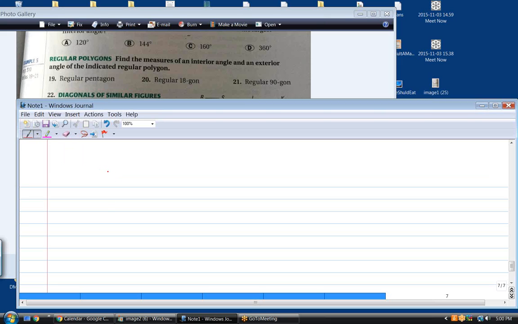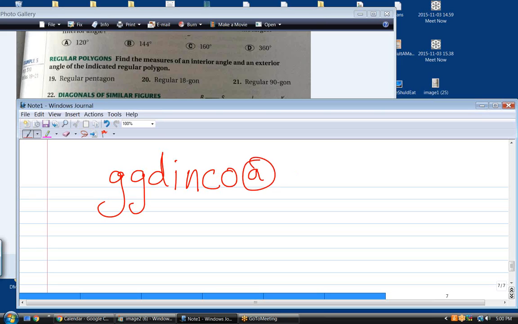It's GGD, the letter G, the letter D as in David, INCO, at Comcast.net.